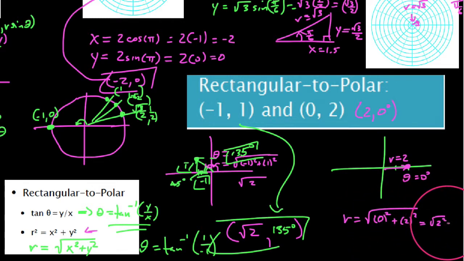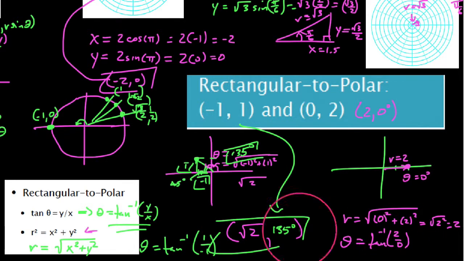So we get the square root of 2 squared, which is 2. And then we get the direction angle here. We would say that's the tan inverse of 2 over 0, where we go over to this point on the unit circle, and the tangent is 0 over 1 here, so it is 0 at this point. So we say that this angle is 0 degrees.